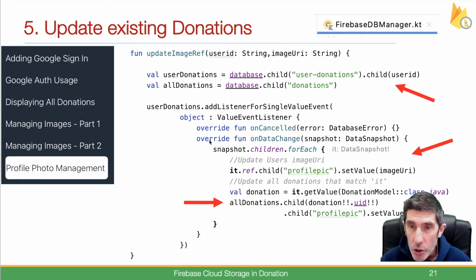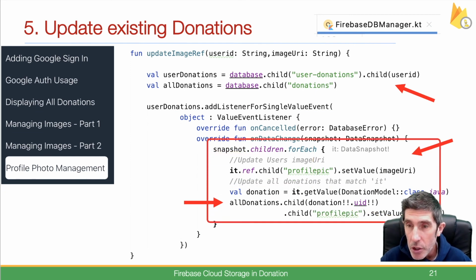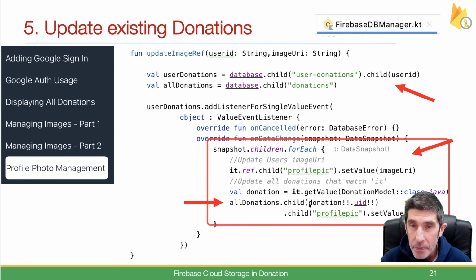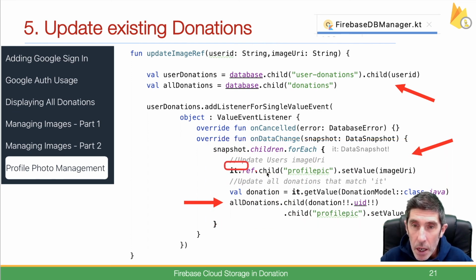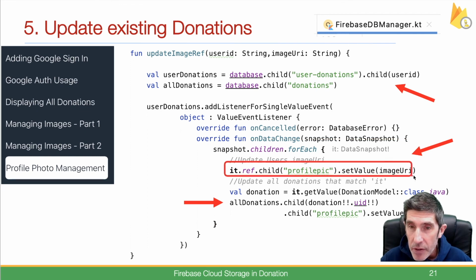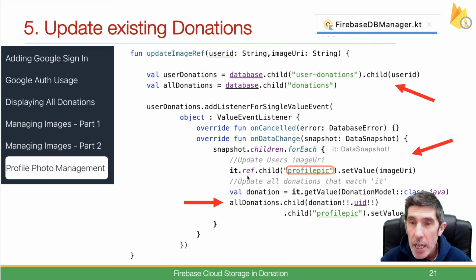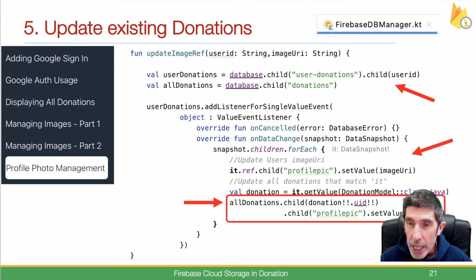So I pull down the snapshot of all the donations tied to that individual user. I update and set that value to the new image URI, in the particular profile pic field. Then, because we're going through each donation, I get the donations on all donations and cause another update.